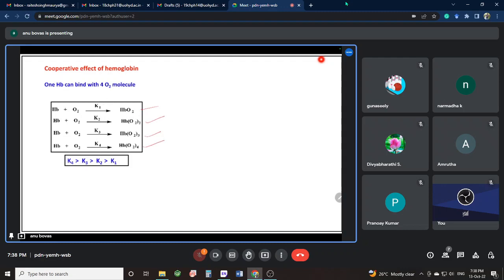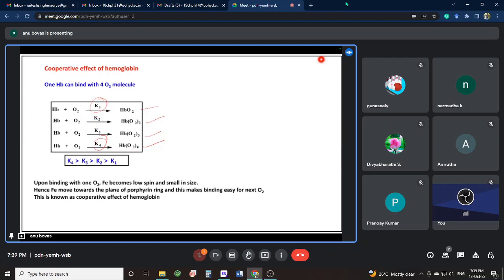The first one, K1, is a little bit difficult, but once one oxygen is bound, the others will bind very fast. Due to the cooperativity effect, K4 will be high, then K3, K2, K1. This kind of question can be asked: they can give you the mechanism and ask which is highest, K4, K3, K2 or K1. The answer is always the last one, due to the cooperativity effect.